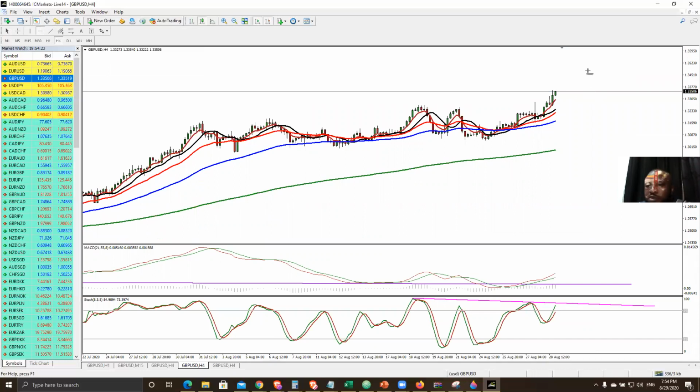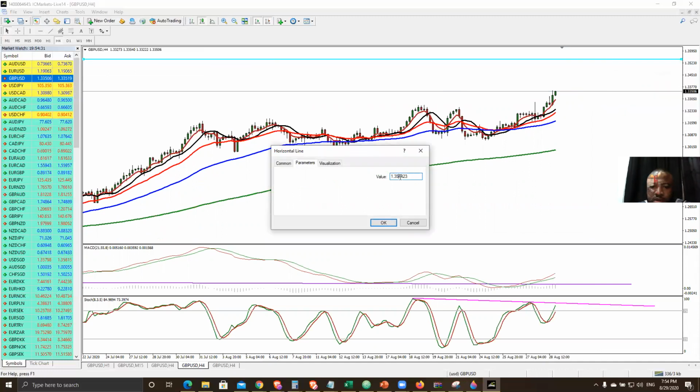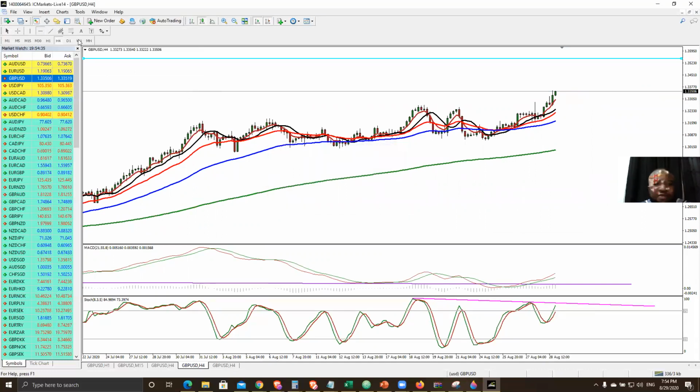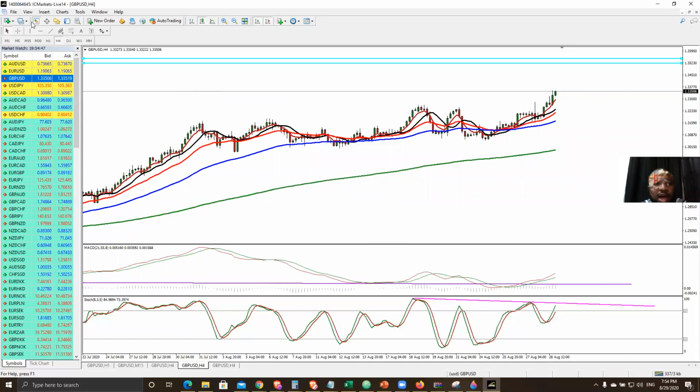So I for one, I'll say 3550 level, which is say over there, and I will say 3520 level, which is over there. Then I'll say at the same time 3500 level.